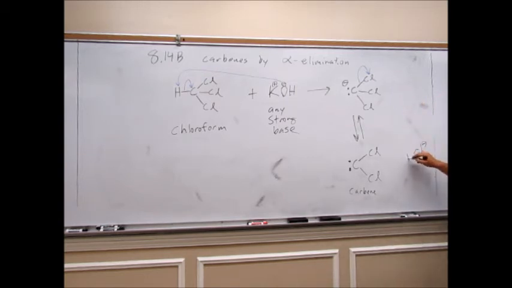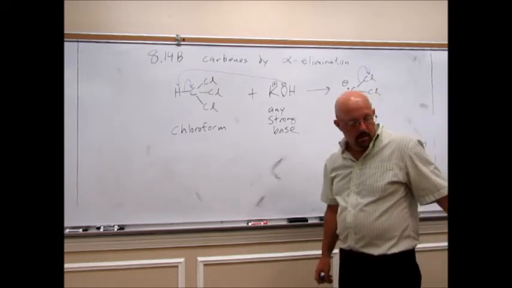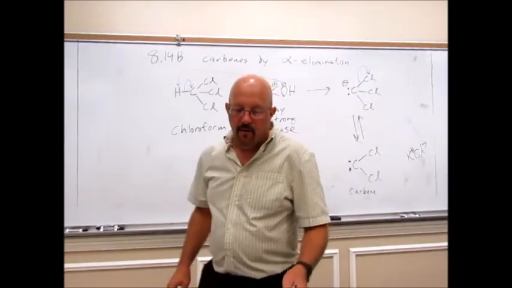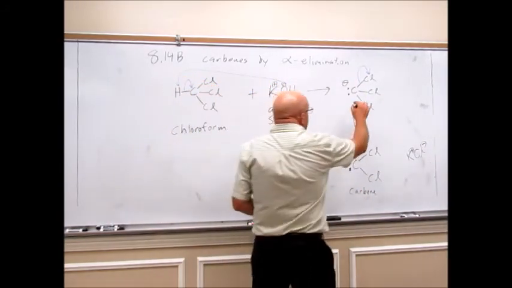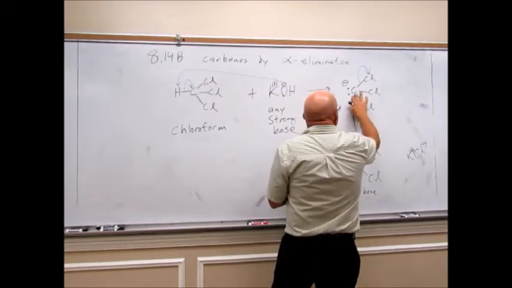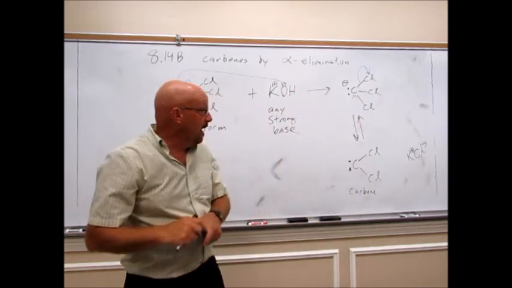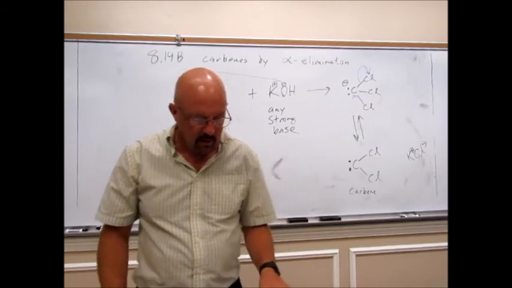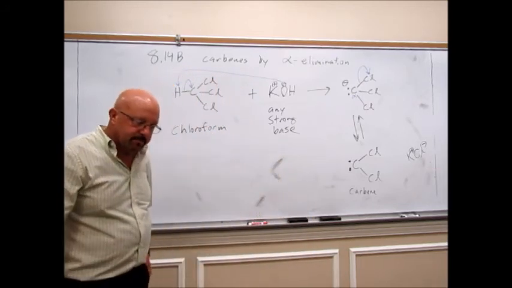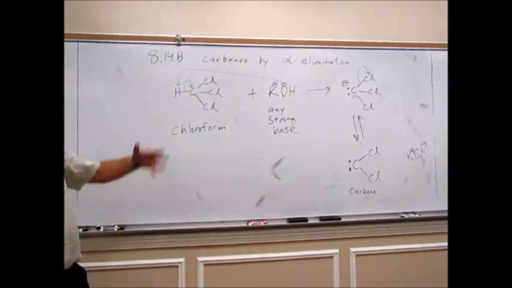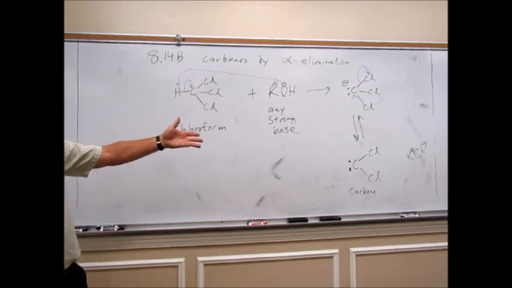Potassium is balancing the charge out, so we get potassium chloride, a salt, but we've made a carbene. This is alpha elimination because this is the alpha position right there, and so we just eliminated the chlorine off of the alpha position. That's why they call it alpha elimination. So we've made a dichlorocarbene.